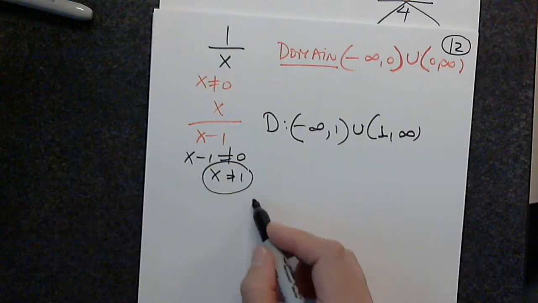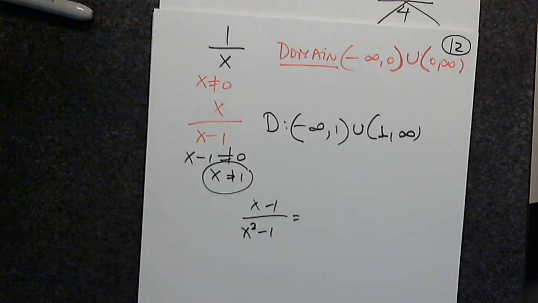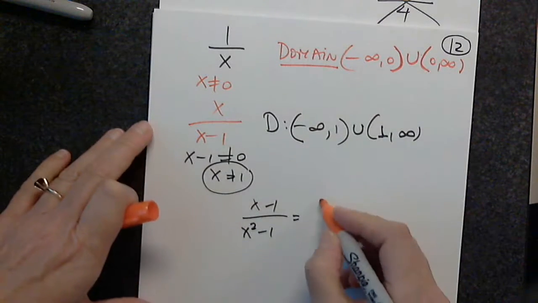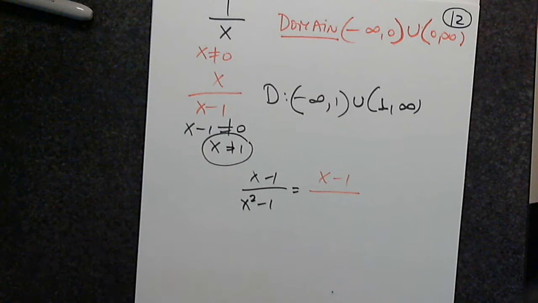Okay, let's look at x minus 1 over x squared minus 1. And let's find the domain of this one. Well, the top is the top. I don't care about the numerator. The numerator can always, it's free, absolutely free and independent. It can be anything.